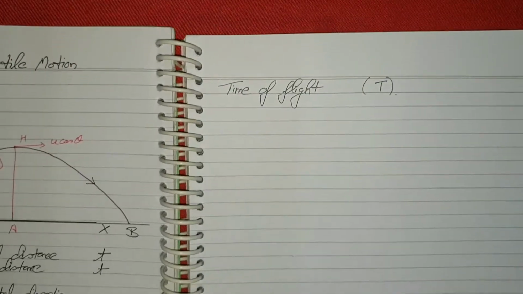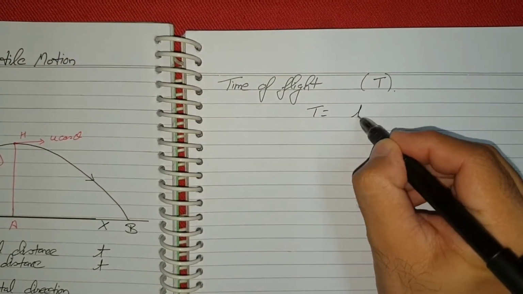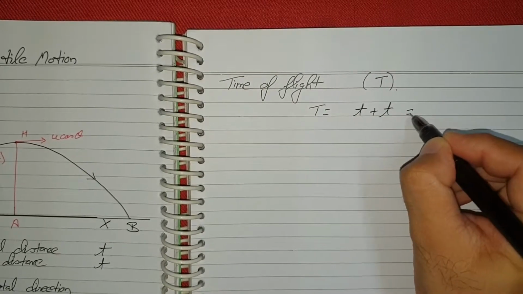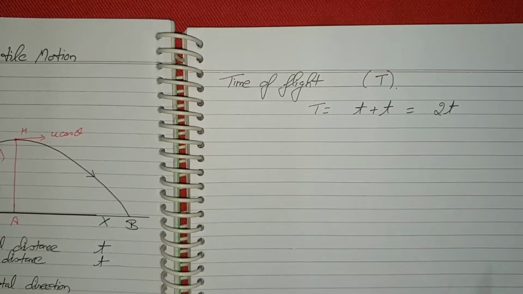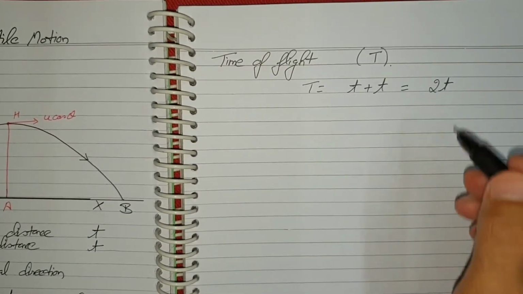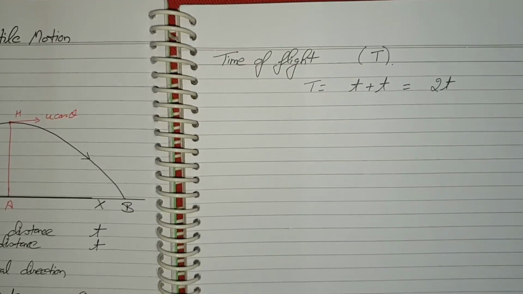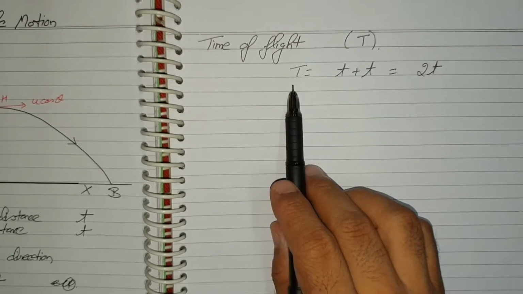So basically capital T equals t plus t, that is 2t. So this small t is the time of ascent, the time of descent, which is the same. Hence we will find small t, and then we will do twice of this to get the time of flight.